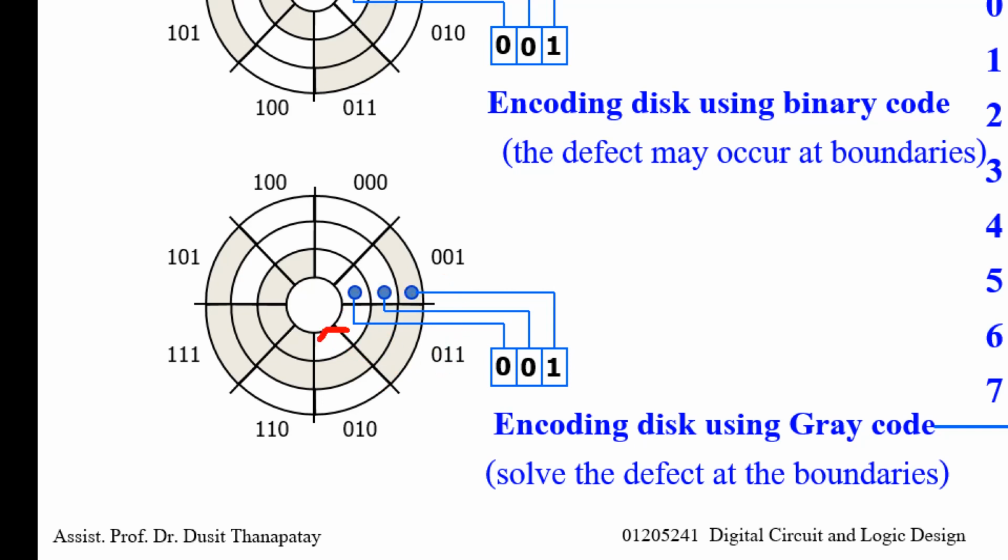This area and this area differ by only 1 bit. This one also differs by 1 bit. This one also has 1 bit difference, this one also, and this pair also, and this one.